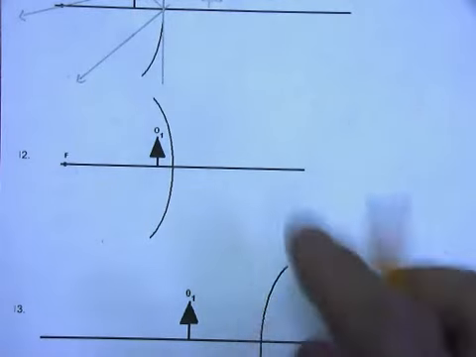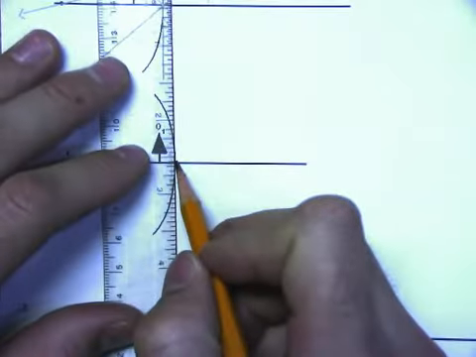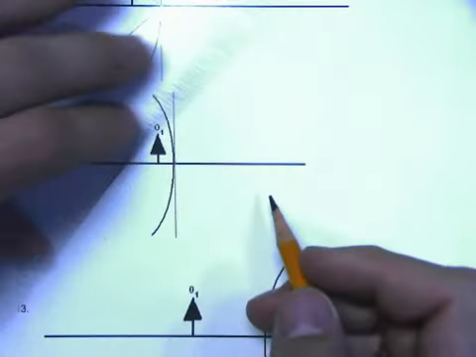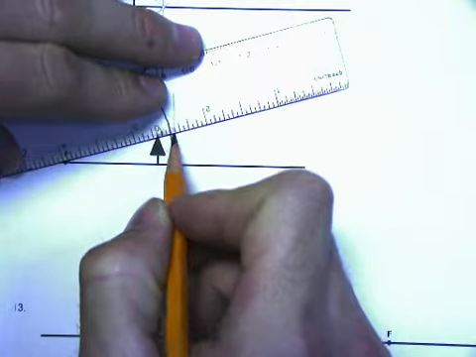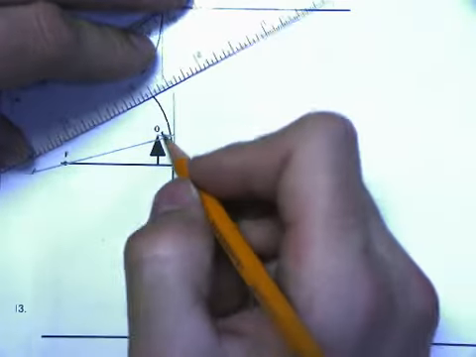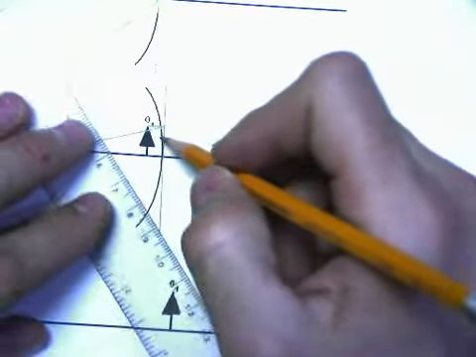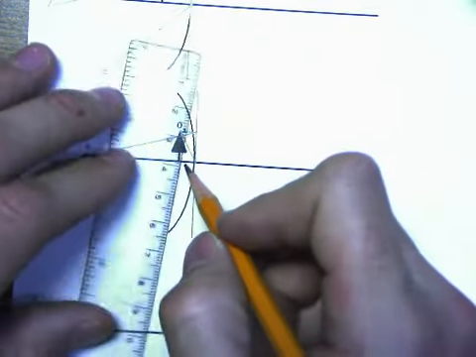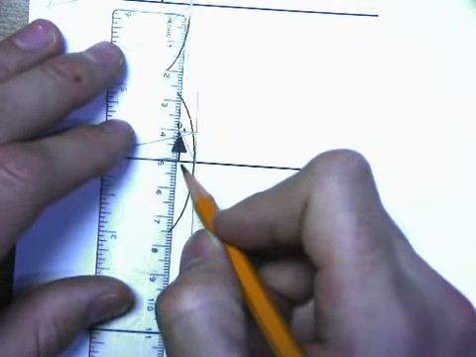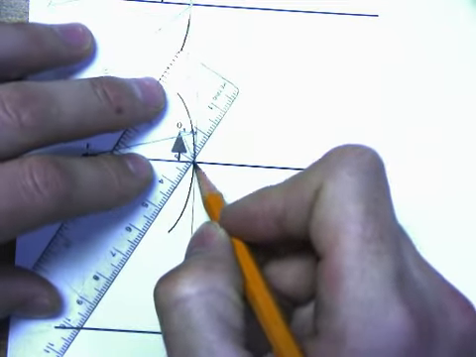Then it looks like we're getting closer still to our mirror. Come in through the focus. Go here, so I'm 1 centimeter above, 1 centimeter below.